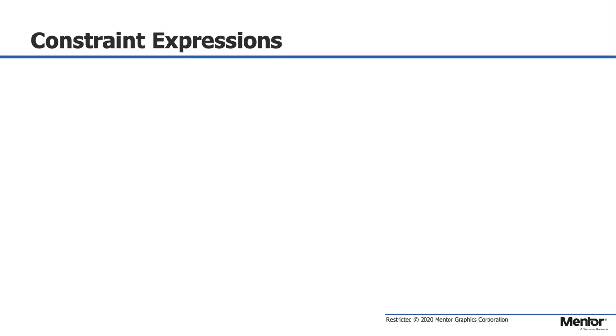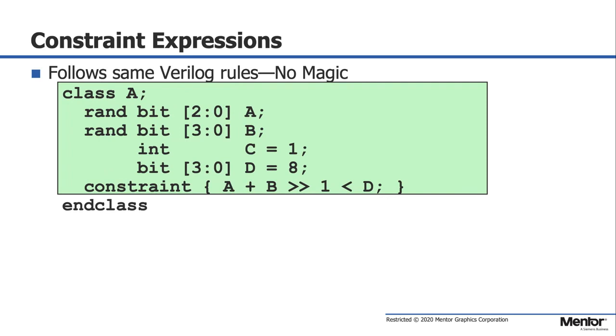Now let's see how this all applies to constraint expressions. So here are those same variables in a class, and we define a and b as random variables. We'll just keep c and d as non-random state variables, so they're effectively constants.